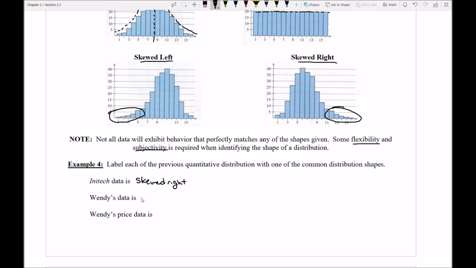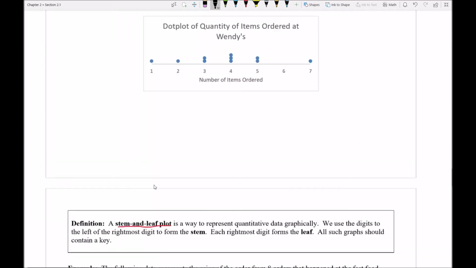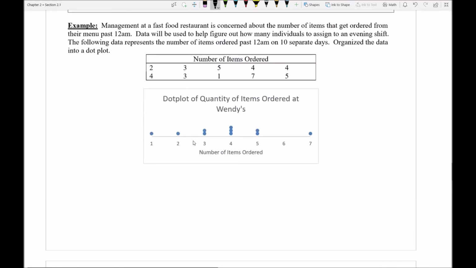Well, what about the Wendy's data? That is the one that came from that dot plot. Well, if I take a look at this, can you think of a shape that seems to fit it? Well, you could probably get away with a couple things here. I would probably say that something like symmetrical seems pretty good because notice, if this dot was right here, this would have been perfectly symmetrical.